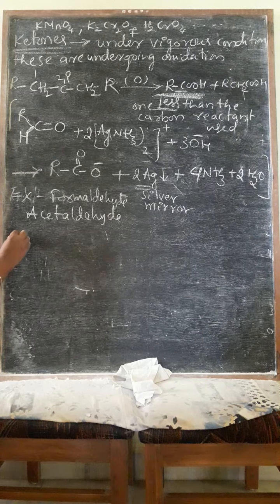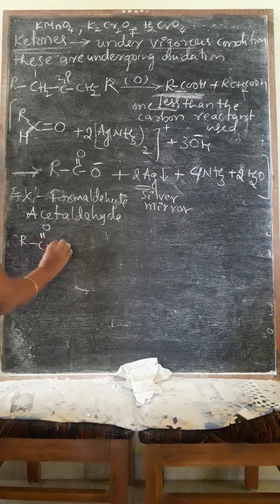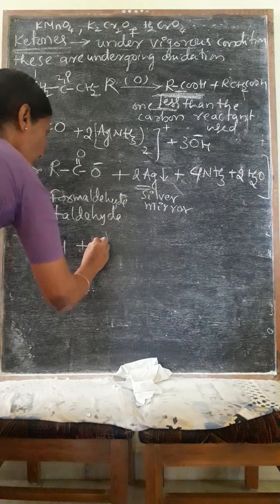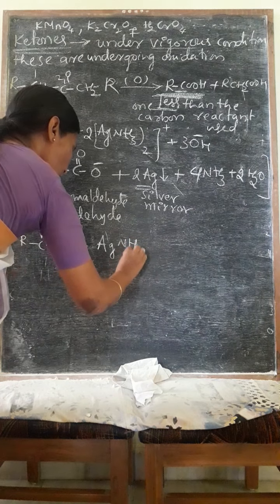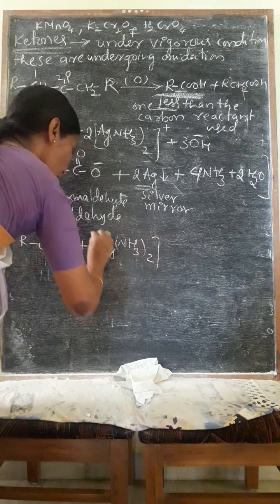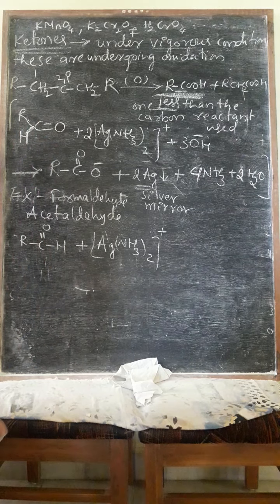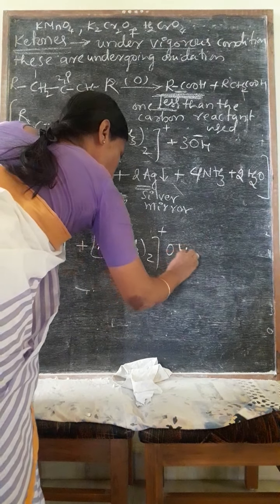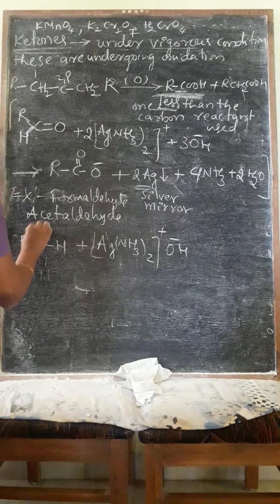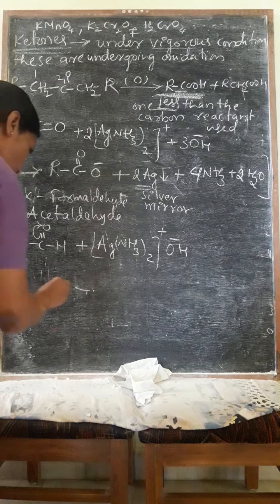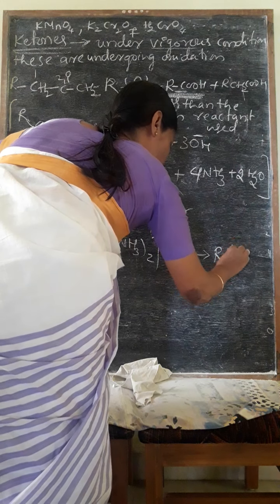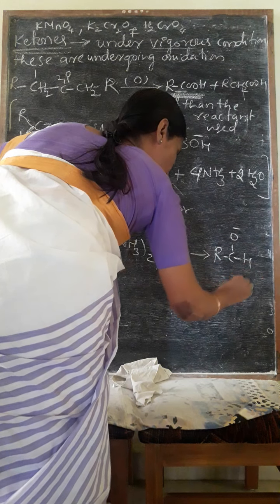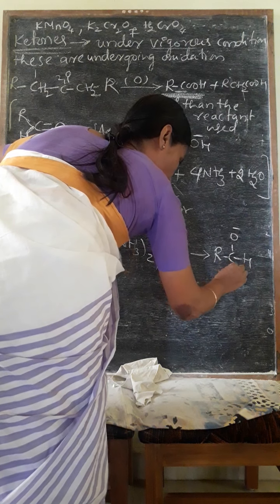Now I will represent the reaction. Reaction is R C double bond O and H plus, you can take Ag(NH3)2 plus, and there is OH minus. This takes electron because it is more electronegative. Definitely it gets R C single bond O and this is H and becomes plus.